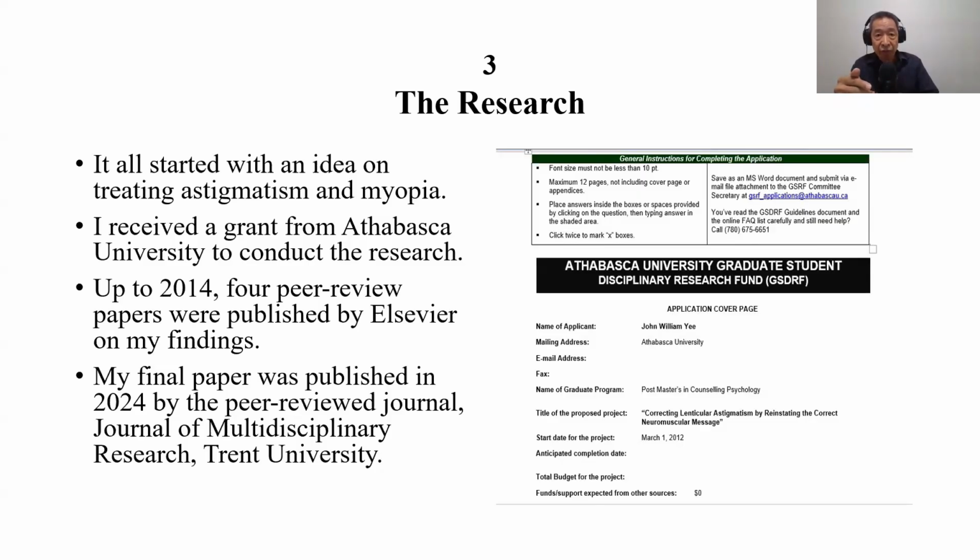I published 4 research papers on my findings up to 2014. I chose Elsevier to publish most of my articles because it was a journal of choice from Galileo to Stephen Hawking, and it was a top journal. It goes through a peer review process, and that gives my research credibility.